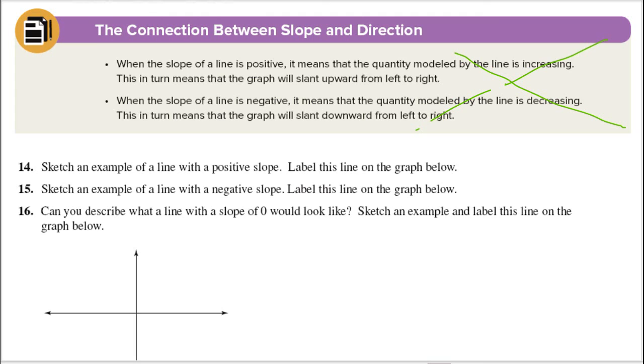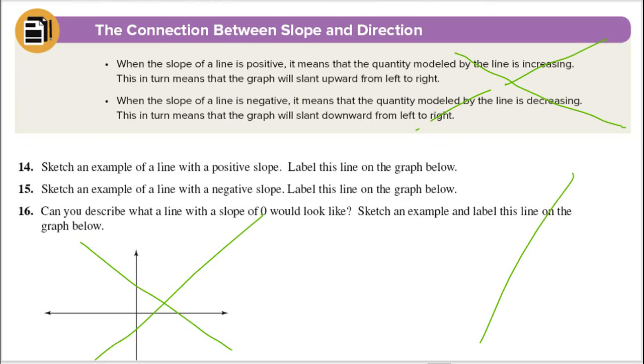All right, so 14, sketch a line with a positive slope. It doesn't really matter where you start or how fast the line goes up, as long as the line goes up when you're going to the right. When you go to the right, x gets larger. If x is getting larger and y is getting larger, you have a positive slope.